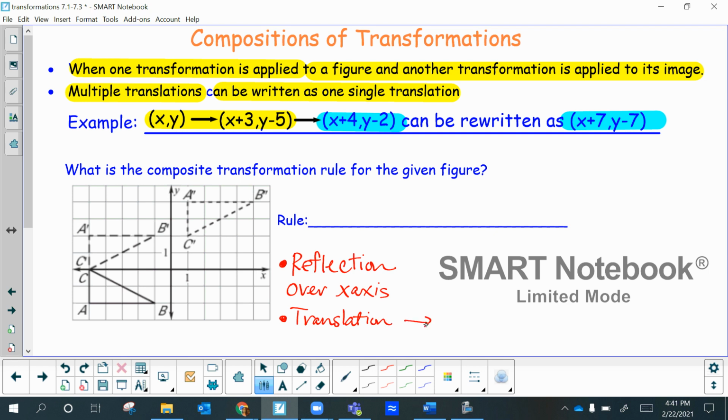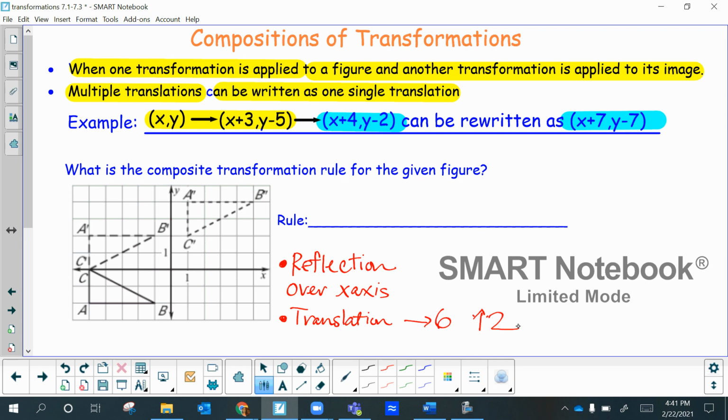We move to the right, and let's be specific here. I'm going to focus on 1, 2, 3, 4, 5, 6 to the right, and then up 2. So to the right 6, and then up 2. Just write it down in words. Explain what the composite transformation is.